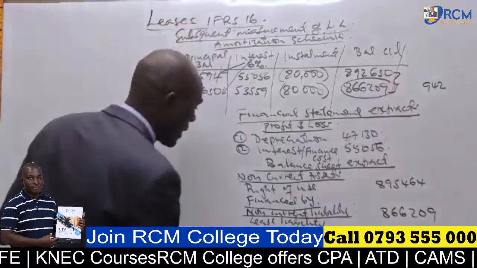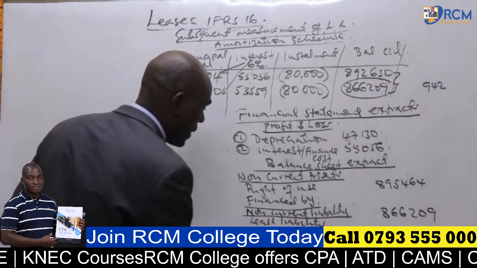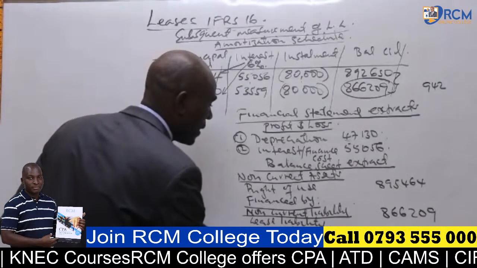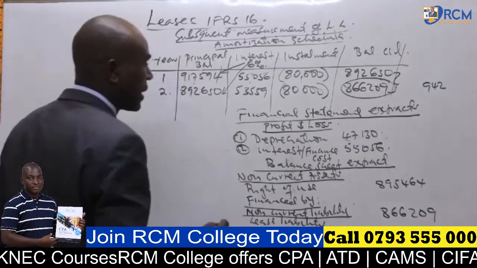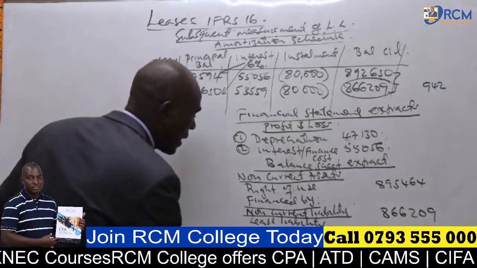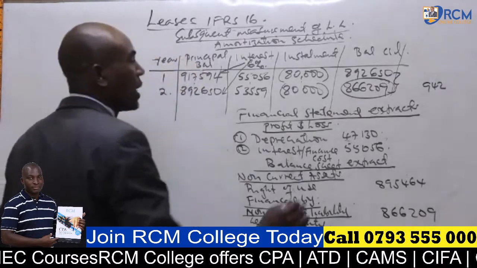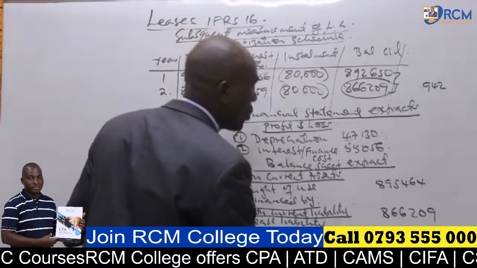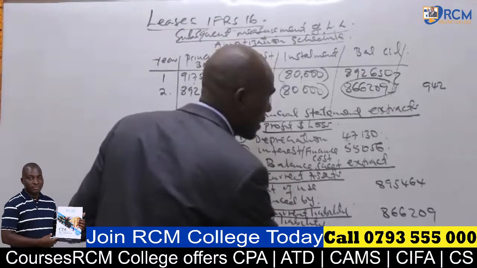Therefore, I say current liability. Current liability, I take lease liability, which will be 892,650 minus 866.